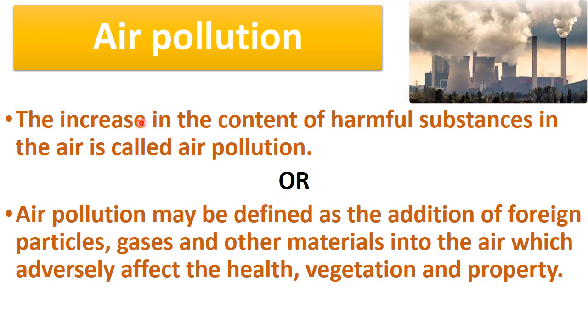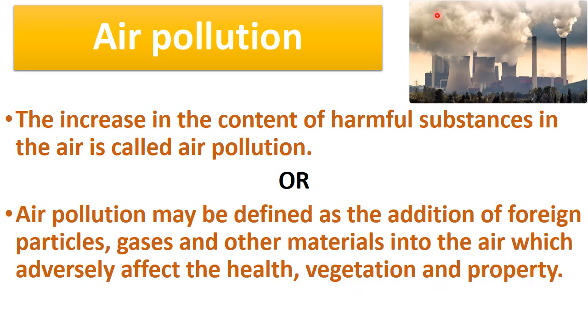And how to define air pollution in a second way? Actually, there are numerous methods to define air pollution, so you can define it in your own words also. Air pollution may be defined as the addition of foreign particles, gases and other materials into the air which adversely affect the health, vegetation and property.